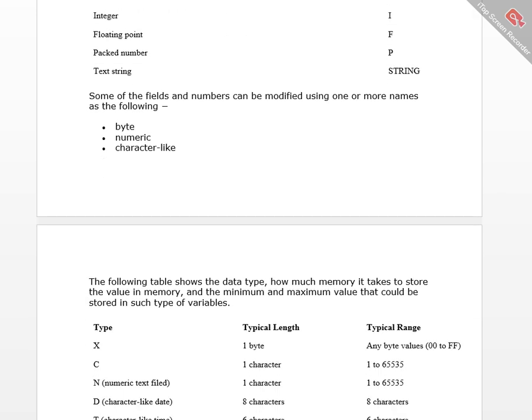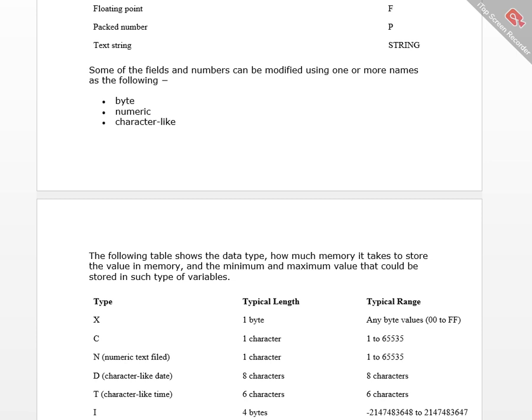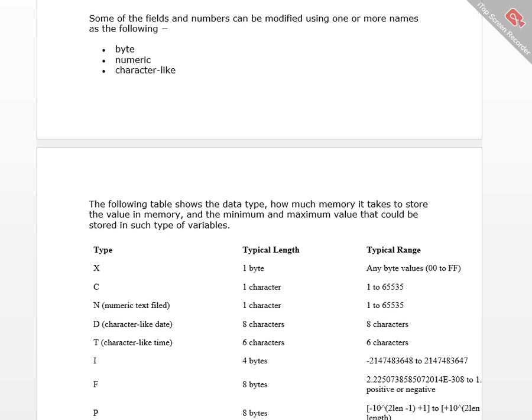The table shows the data type, how much memory it takes to store the value in memory, and the minimum and maximum value that could be stored in such type of variables. Type X, typical length 1 byte. Type C, length 1 character.